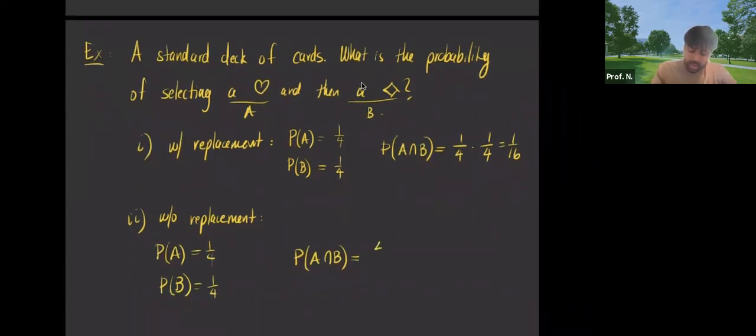There are 13 out of 52 ways, which is a fourth, right? But then what's the probability of me getting a diamond? It's still 13, but it's no longer out of 52. It's out of 51, because I have one less card due to no replacement.